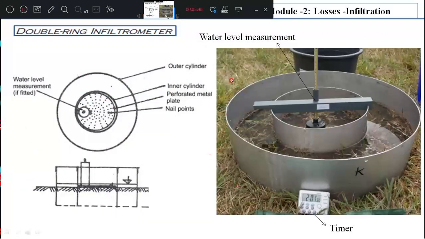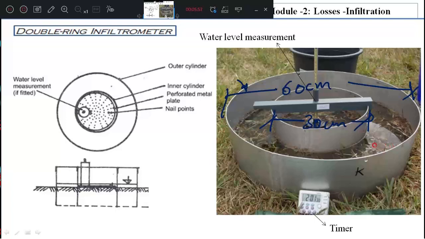This is one ring, made of plastic or steel. Usually we take the outer diameter as 60 centimeters and the inner diameter as 30 centimeters. Then we need to put water in the outer ring and also in the inner ring, and you should maintain the level.